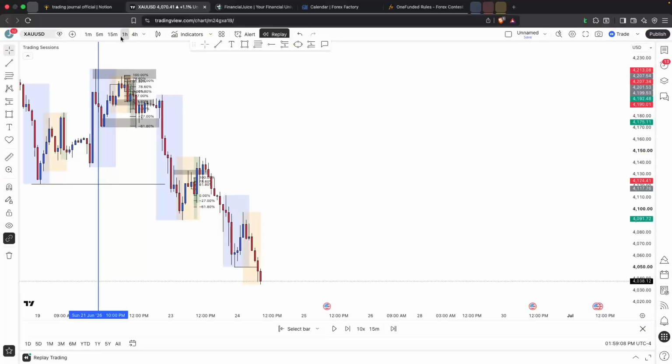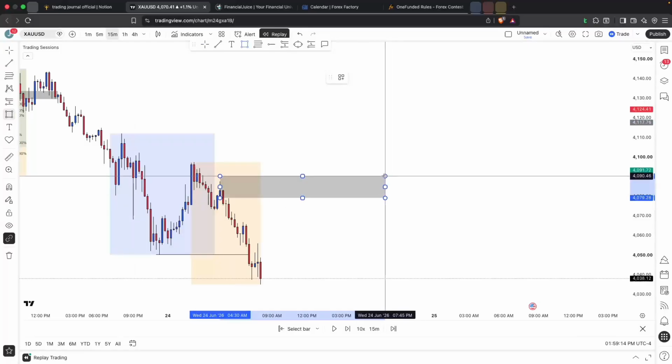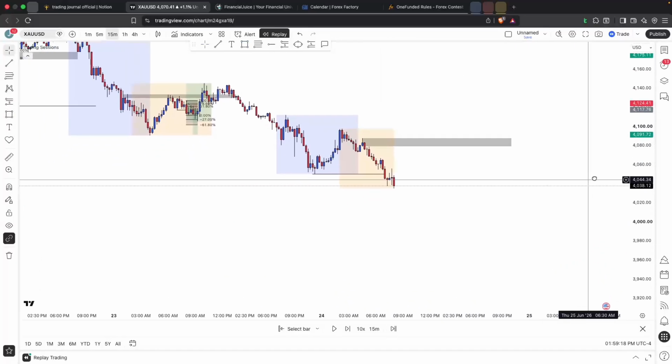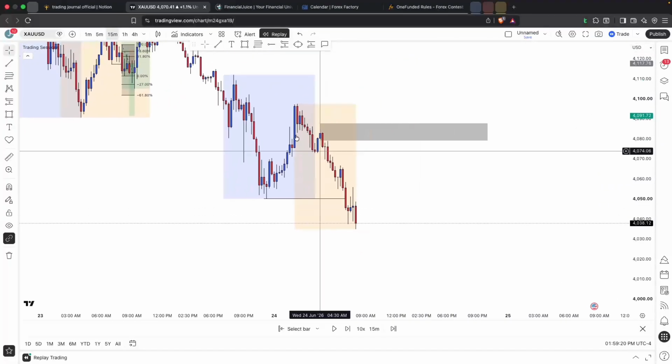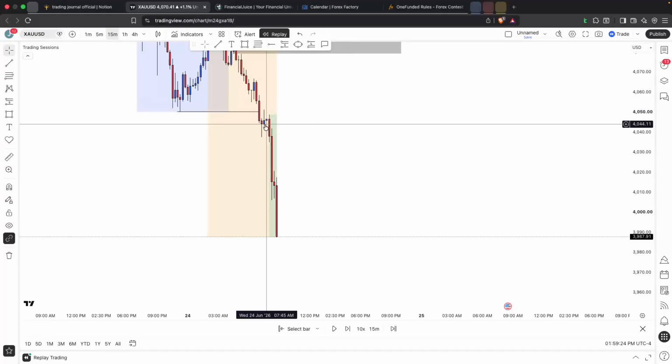Areas of interest I really have only are probably this demand zone right here or supply zone, broke structure, and nothing really to the downside. That's really it. So we'll see what price does here. Okay, oh wow, what day is this?